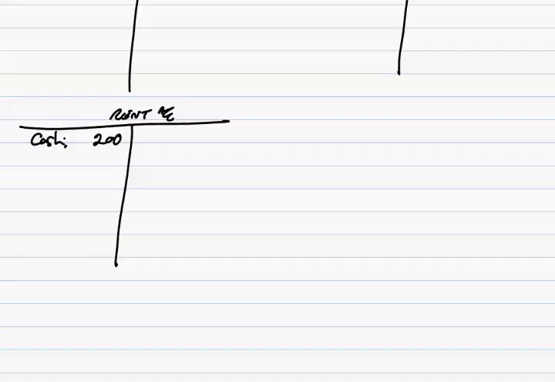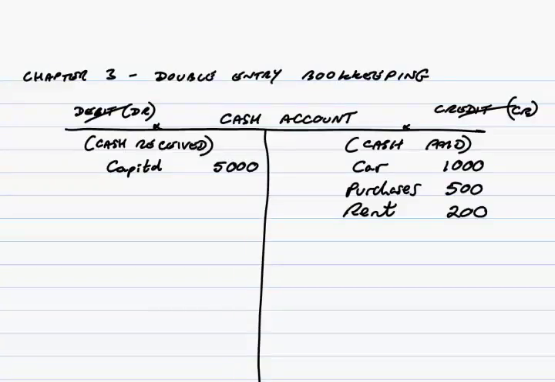Credit cash, debit rent. Sell half the goods for 800. Okay, sell goods, so we've received cash, debit cash 800. To record the fact we've made a sale, credit an account for sales.